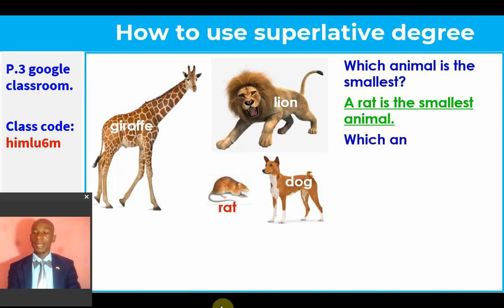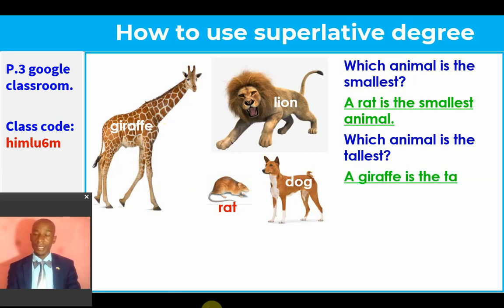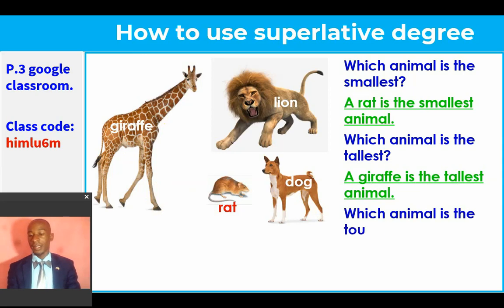Okay, let's have another question. Which animal is the tallest? Look at a giraffe. Can you compare it with a dog? So, a giraffe is the tallest animal. Then lastly, I may ask, which animal is the toughest? Look at a lion.